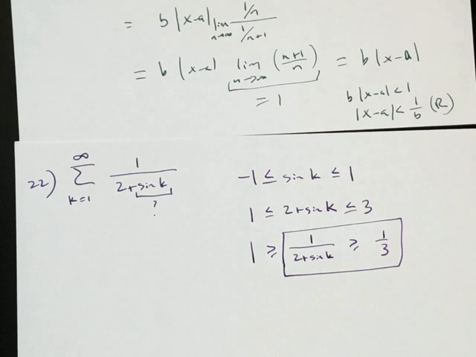One over this thing is always bigger than 1/3. That means the limit as k goes off to infinity can't be 0. It's bounded below. If the limit isn't 0, then this must diverge.